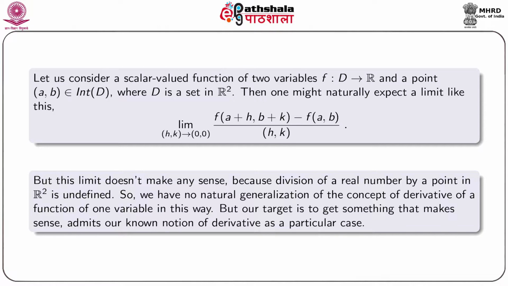So, we have no natural generalization of the concept of derivative of a function of one variable in this manner. But our target is to get something that is sensible. Moreover, it should admit our known notion of derivative of a function of a single real variable as a particular case.